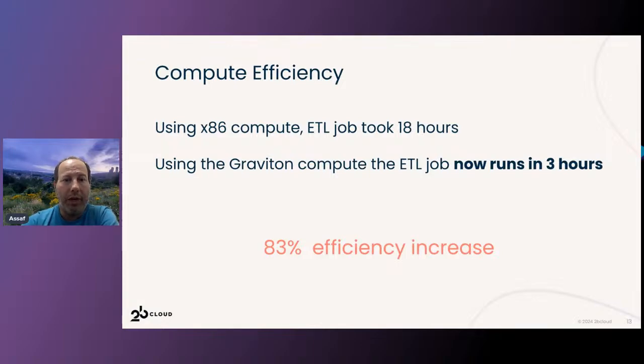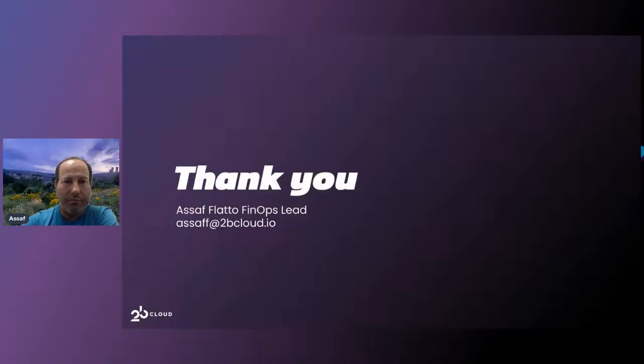When we moved to Graviton, the total ETL ran in 3 hours. That was an 83% efficiency gain in moving those services and the processing to Graviton, and the customer was most pleased. Thank you.